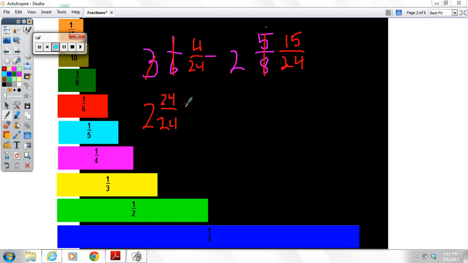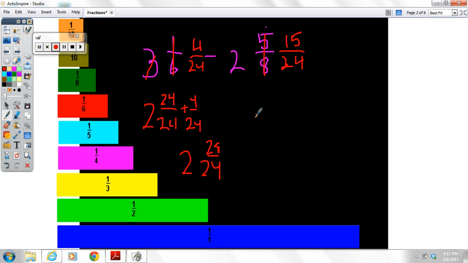So we need to take that extra 4/24 that we have here, and add that to the 2 and 24/24, which would give us 2 and 28/24. 2 and 28/24 is the same exact amount as 3 and 4/24.